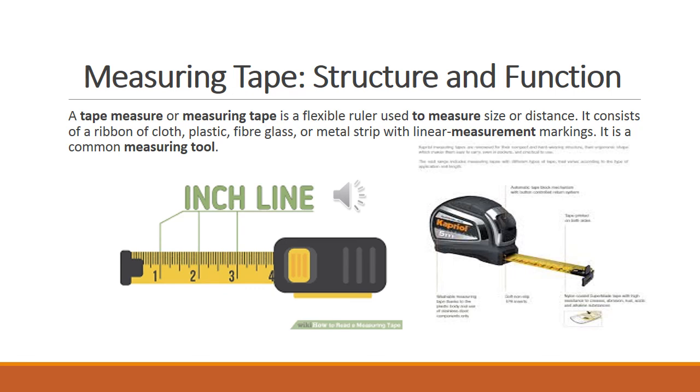The most important thing about a measuring tape is that besides centimeters or millimeters, it also has markings of inches on it to measure the bigger values, bigger lengths and bigger distances. So this is the use of the measuring tape, also used for measurement of length, breadth, height and long distances.